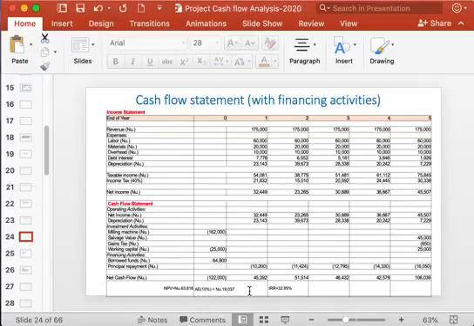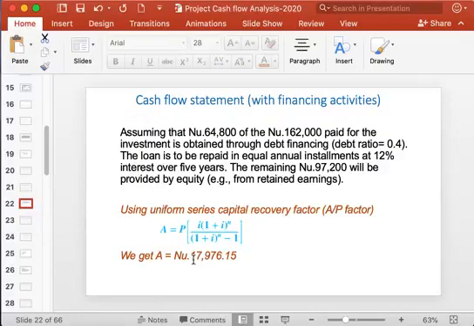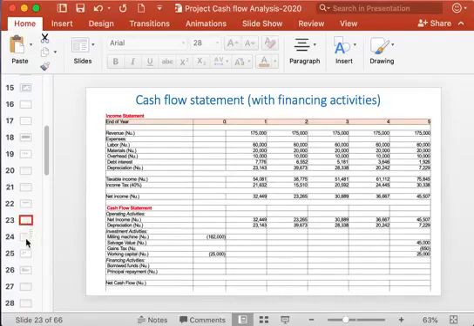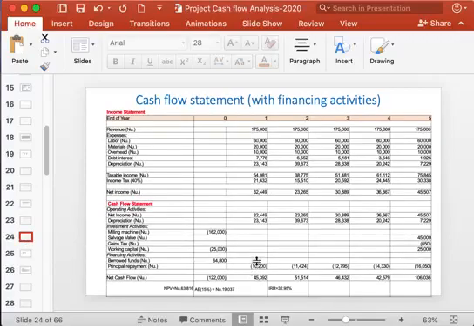So in the first year, since you pay a sum of 17,976.15, from that amount 7,776 is included as interest, and the balance amount is what we actually pay as principal amount in the first year.